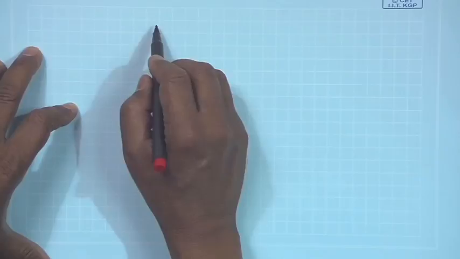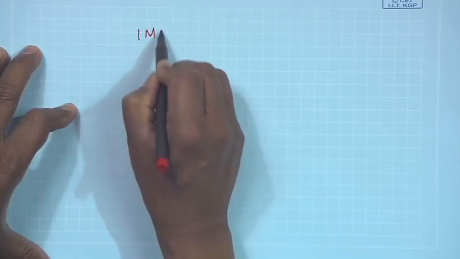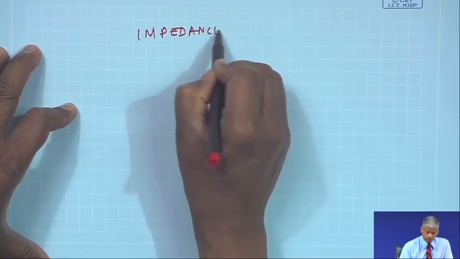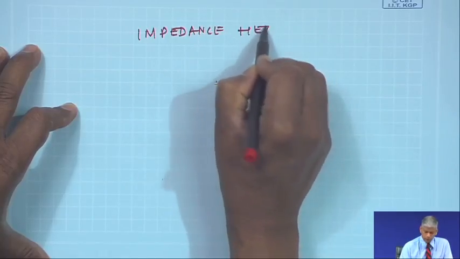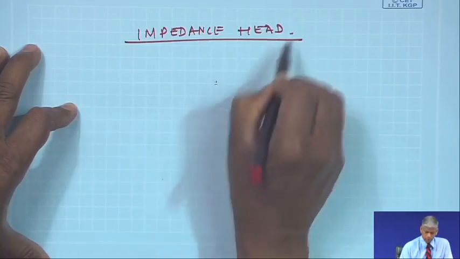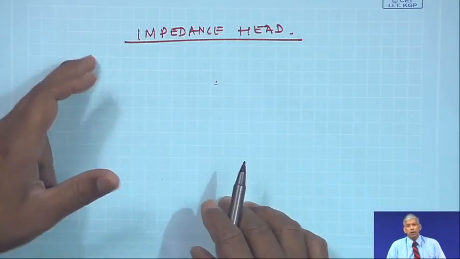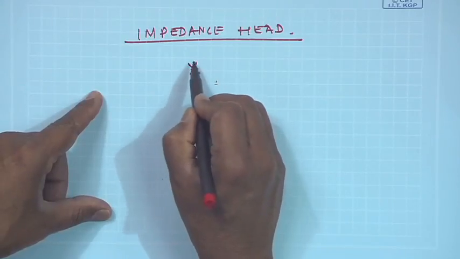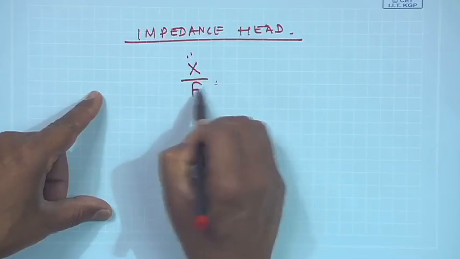So, such transducers are used which can measure both acceleration and force at the same time, and these are known as an impedance head. Okay. So, we require either an impedance head or separately a force transducer and an accelerometer, and then once we measure them, the question is how do we measure x dot by f.